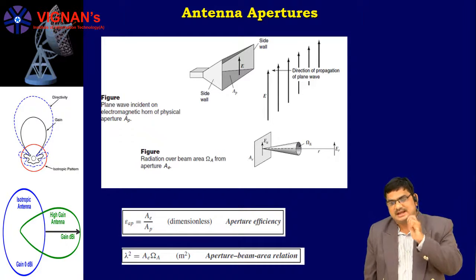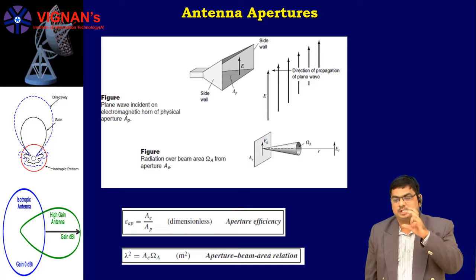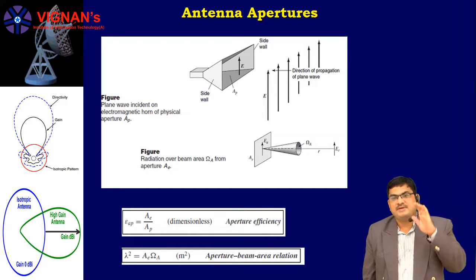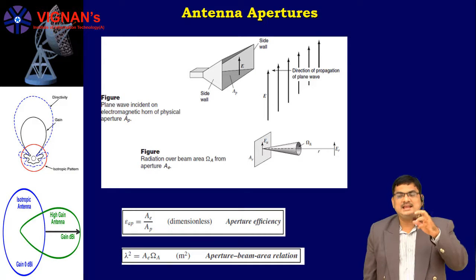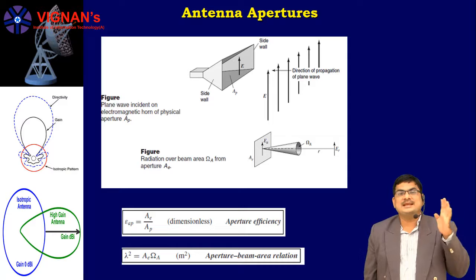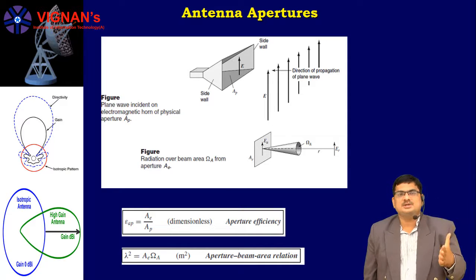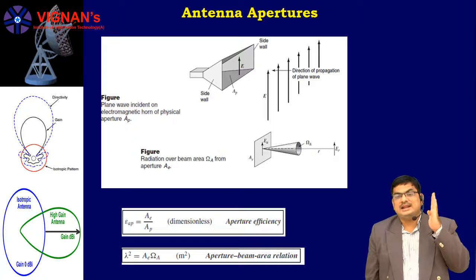In the second figure you saw that only some part of it is the effective area. The physical aperture is the total structure, and the effective aperture is only the area affected by your electromagnetic radiation.